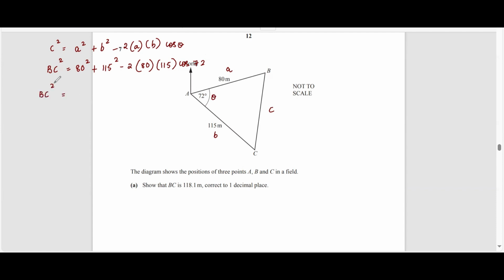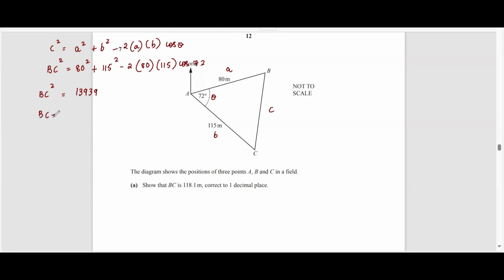So BC square will be 80 square plus 115 square minus 2 into 80 into 115 into cos 72, which will give me 13,939 approximately.